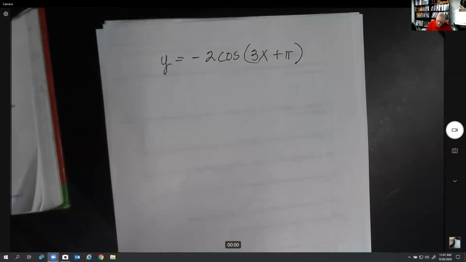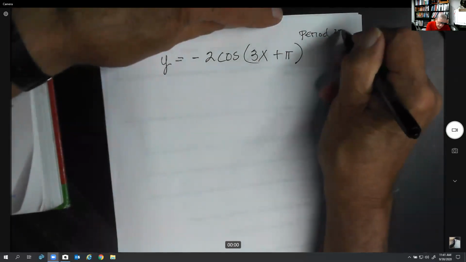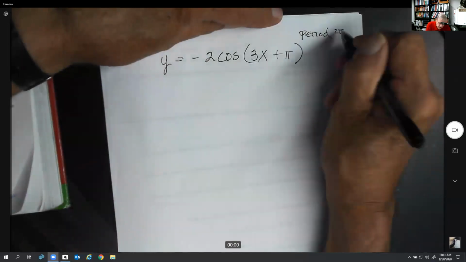Okay, so first of all, we want to find the period of this function. The actual period is going to be 2 pi divided by this number in front of x, which is 3.